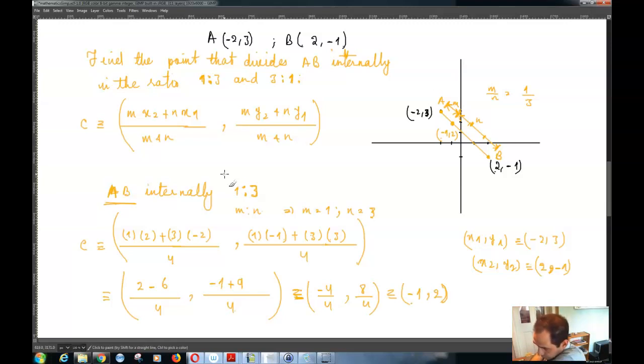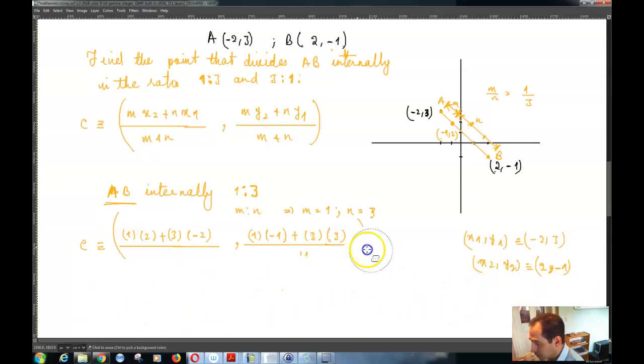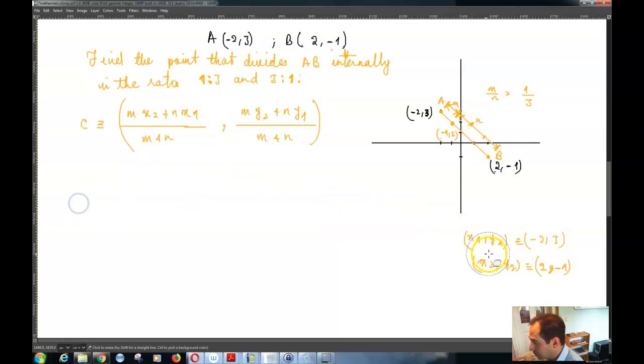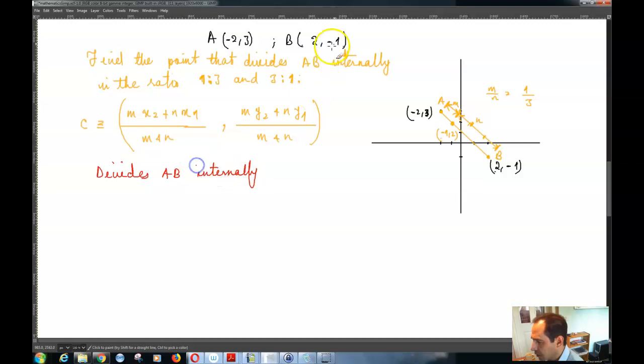Now if I want to solve the next part of this question, you want to find the point that divides AB internally in the ratio 3 to 1.